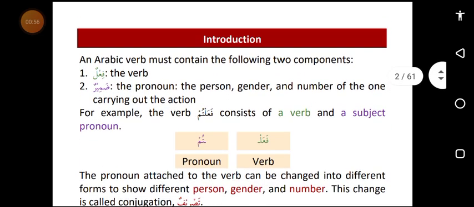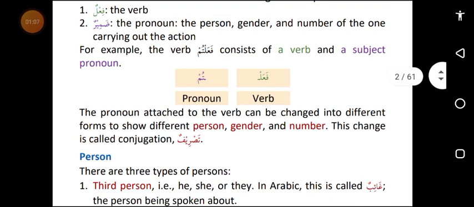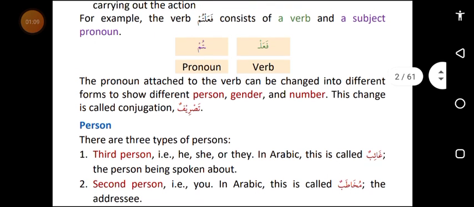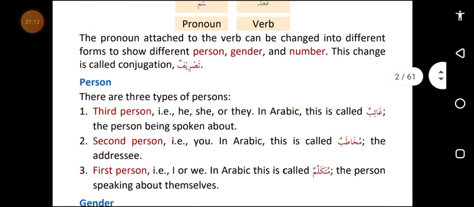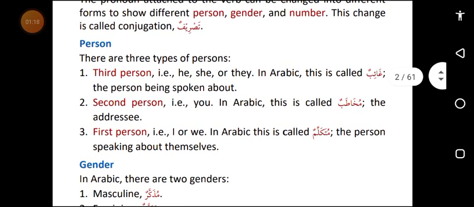Bismillah ar-Rahman ar-Rahim. First we had an introduction that an Arabic verb must contain two components: the fa'il and the dhamir, and the dhamir, or the pronoun, is the fa'il of that verb. Then we learned about the first person, I, ana, and we, nahnu, and then the second person, you, which can be either anta, antuma, antum, anti, antuma, or antunna.